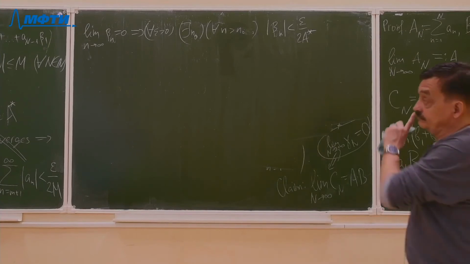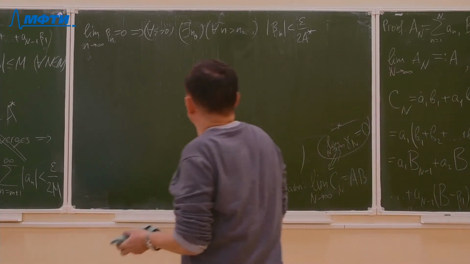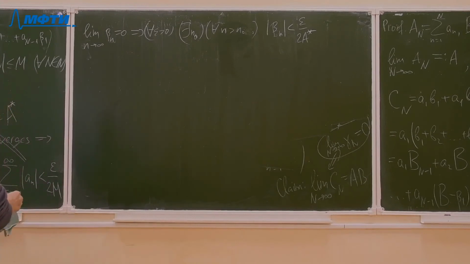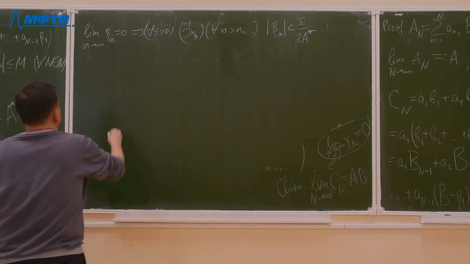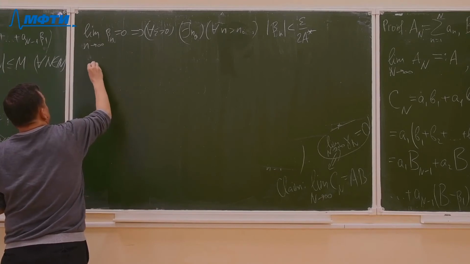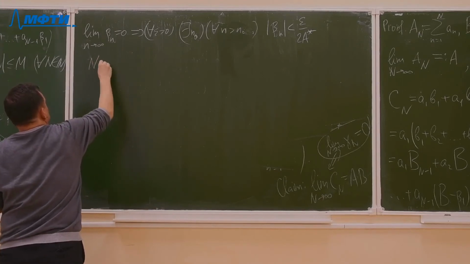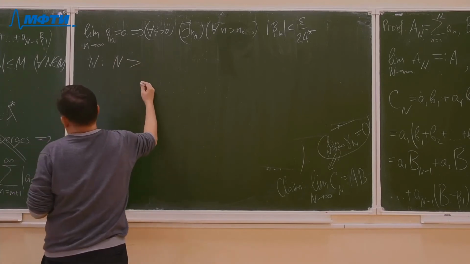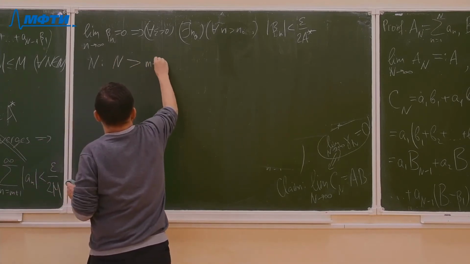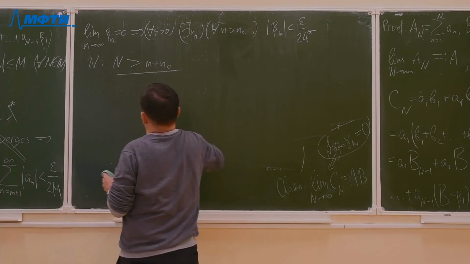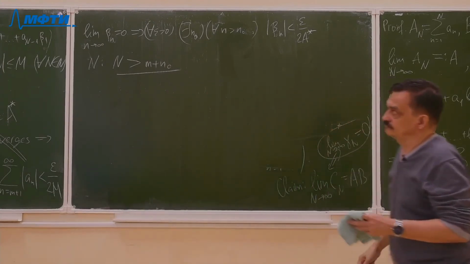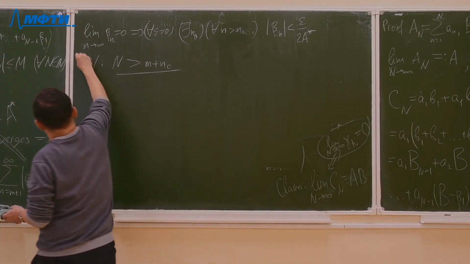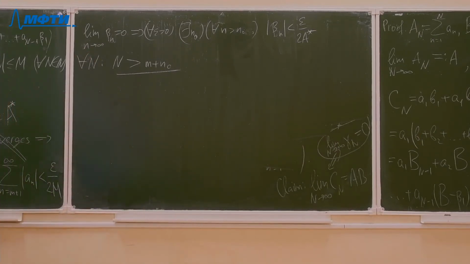And then, what I'll choose, I want to have now capital N such that capital N greater than m plus n naught. That's it.